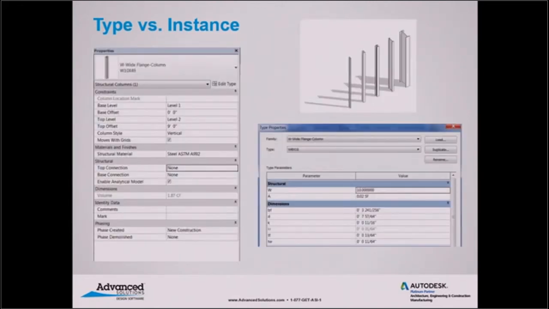I've got an example here. Some graphics on the screen of a wide flange column, and we've got the instance parameters on the left and the type parameters on the right. Things that would be unique to each wide flange column in the project would be things like the top and base of that column, what level or what height those things are at.